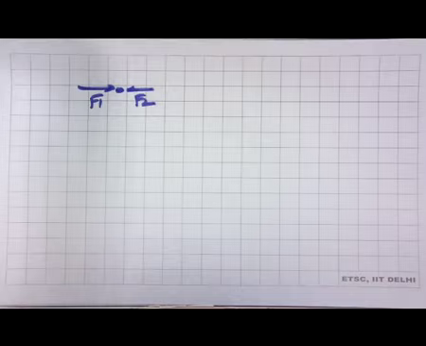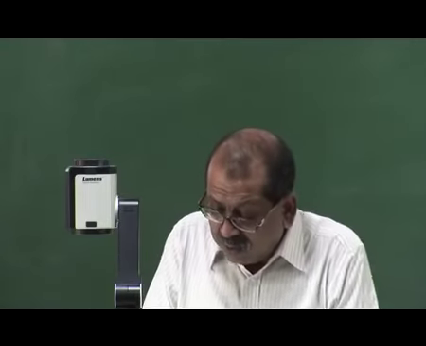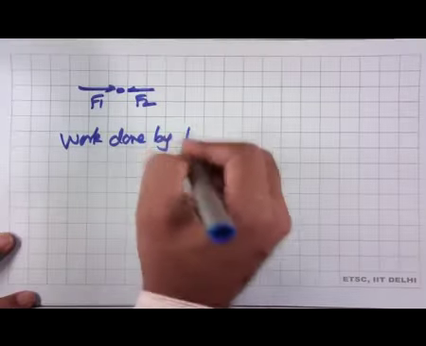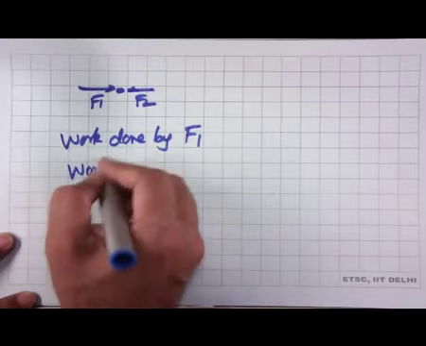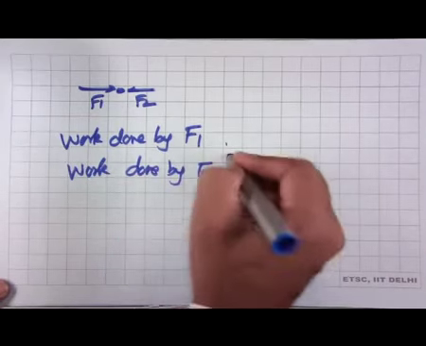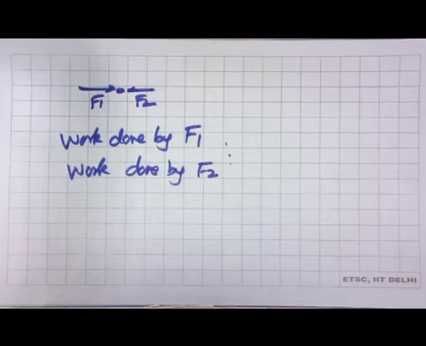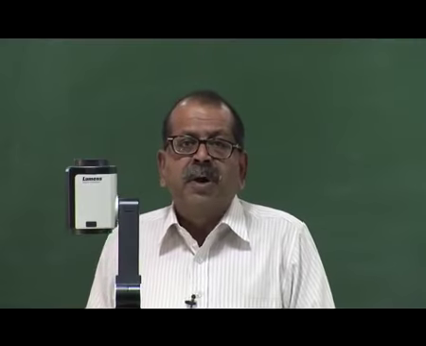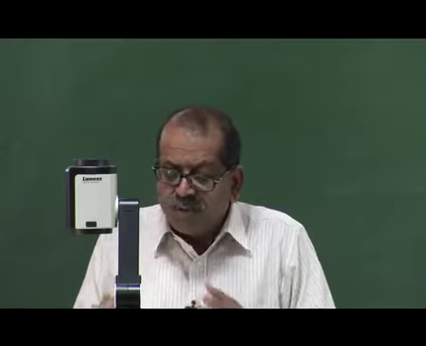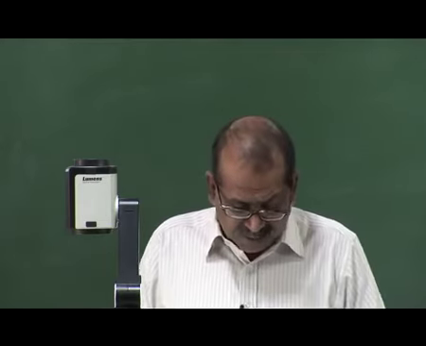So, different forces act on the same body. Now we will have work done by F1, work done by F2, and so on. Each force will do work on the body, and the work done will be given by the product of force times the displacement.